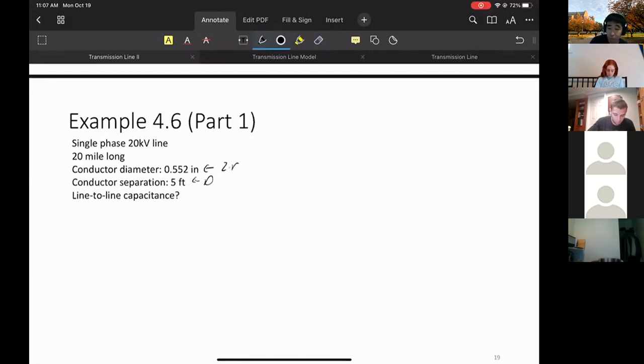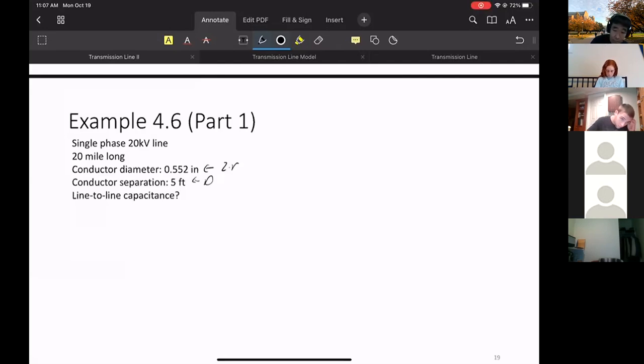The diameter is 0.552 inches, so the radius is half of this. The separation is big D, and we want to do some calculations, figure out what the capacitance is.